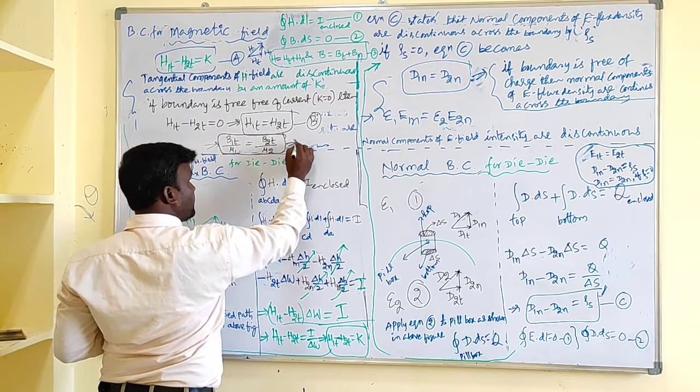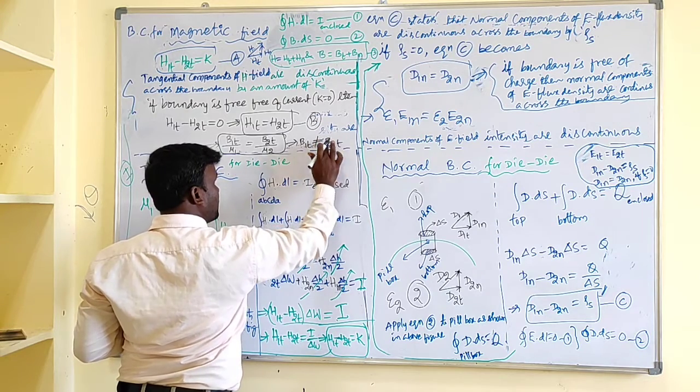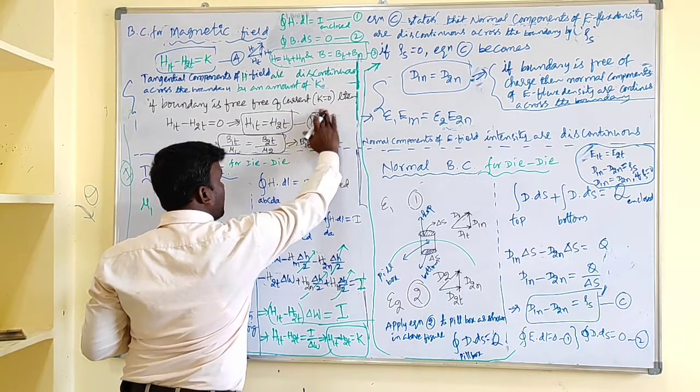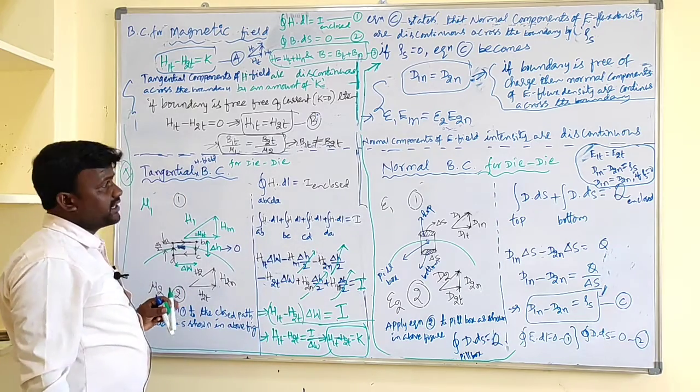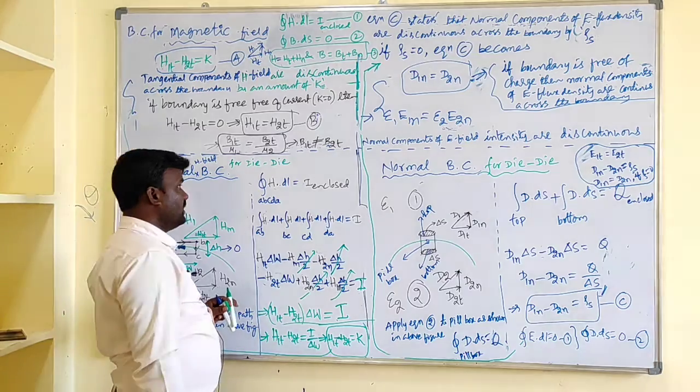So this implies B1T is not equal to B2T. It means tangential components of magnetic flux density are discontinuous across the boundary even if the boundary is free of current. Okay.